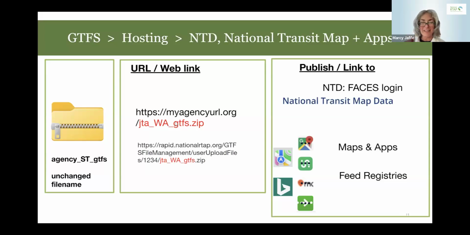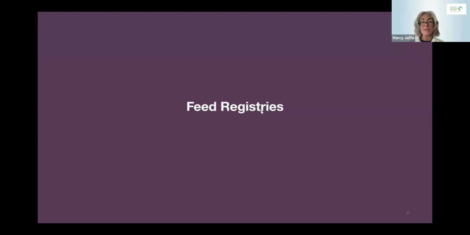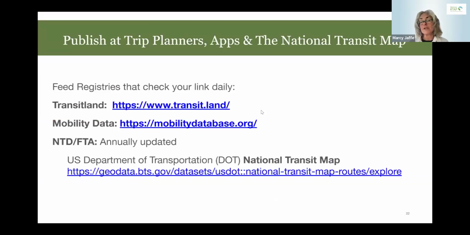So you don't have to call everyone every day saying, I have a new file, here's some new data. They will be grabbing it from these feed registries, and this is who they are. Mobility Data has one, Transit Land has one, and the National Transit Map will be another feed registry.